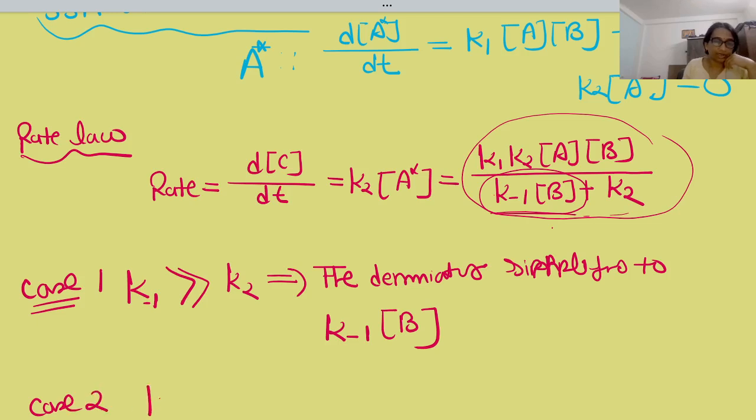Case 2: K minus 1 is less than K2, and the denominator simplifies to K2.